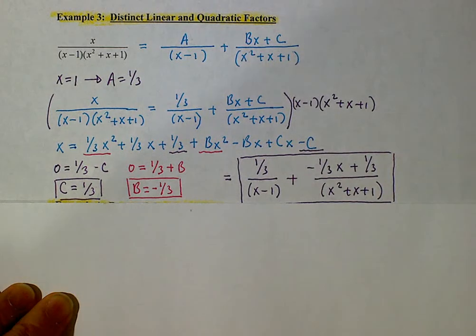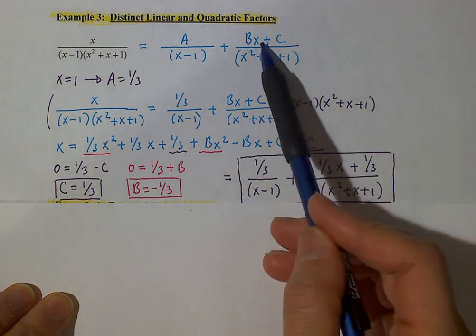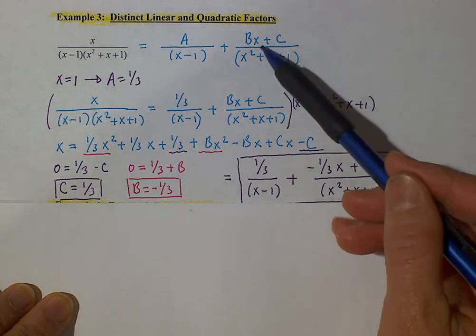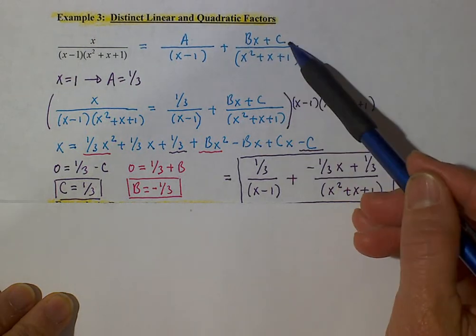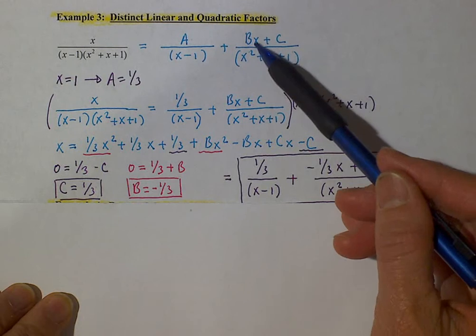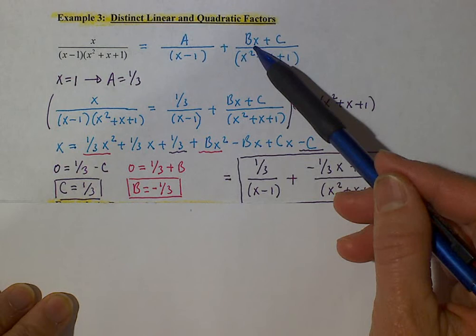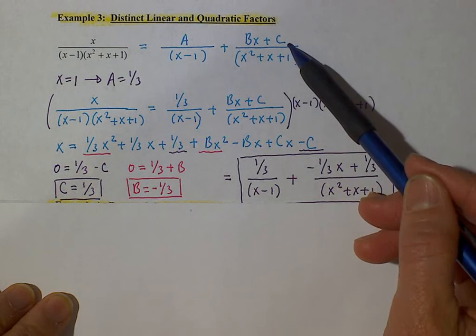So my linear representation for this is bx plus c. Now, I don't know if you're actually going to have an x or a constant, or it could be just an x without a constant, but you need to include the bx and also the c initially because you don't know what the constants are.